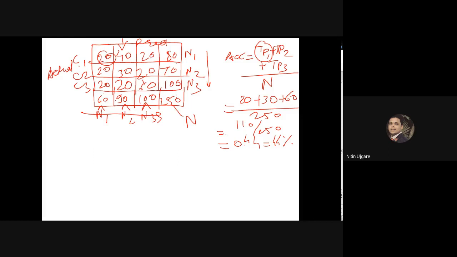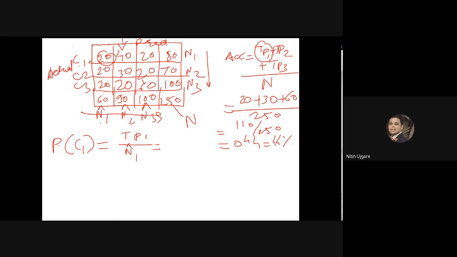Now the next question I had asked is to calculate the precision per class. We have to calculate the precision of every class. Though we have 3 classes, first we'll find the precision of class C1. I have already told you the formula: the precision of class C1 is TP1 divided by N1 cap.